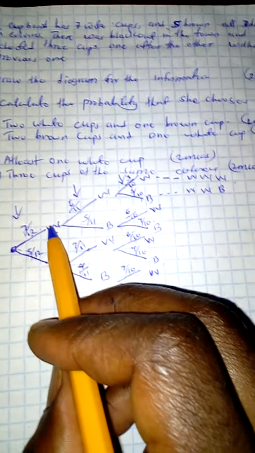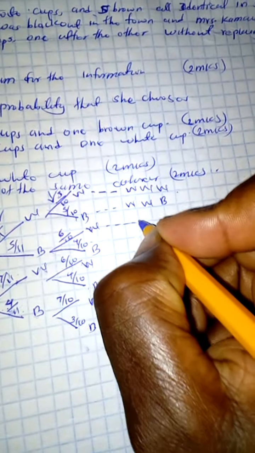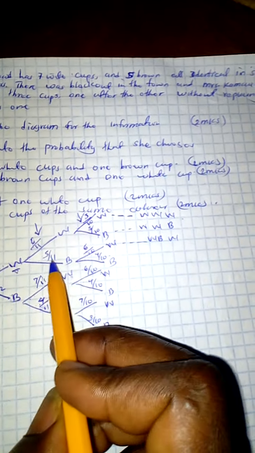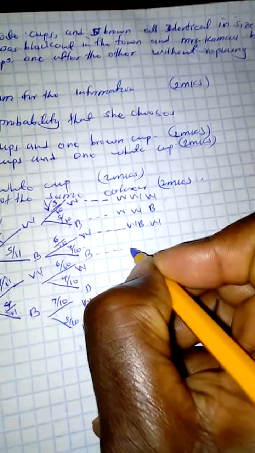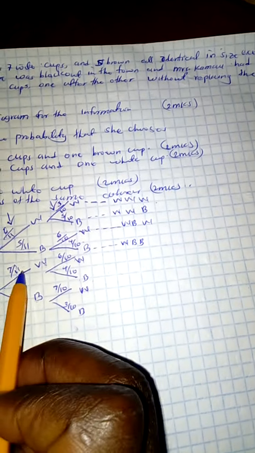If you follow this part here, it is white, brown, white. Then if you follow this, white, brown, brown. Then if you follow this, it is brown, white, white.